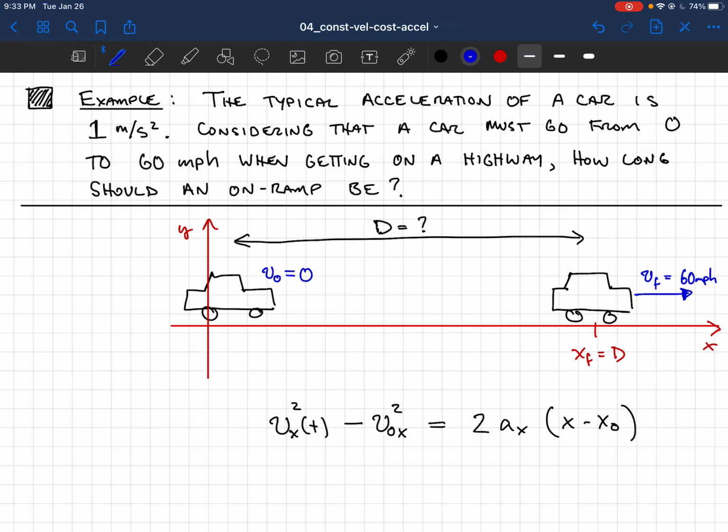I left out one thing here, which is the acceleration vector. If you're going to be speeding up, then your acceleration should point in the direction of motion. So we have an acceleration vector, and we were told that the magnitude of that is 1 meter per second squared.